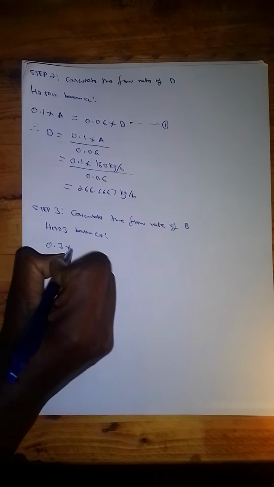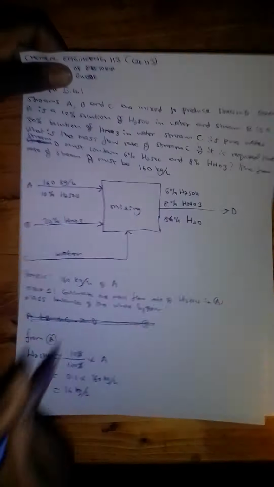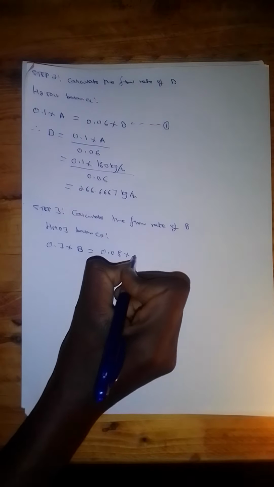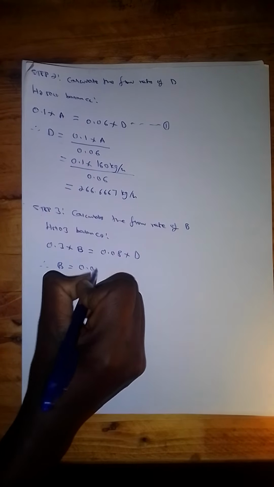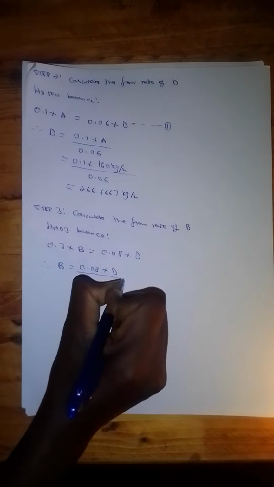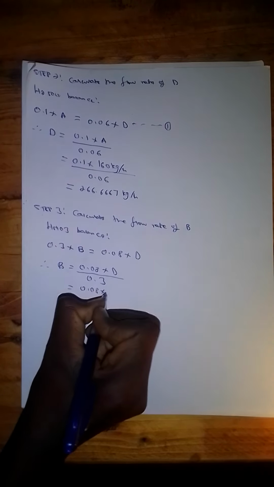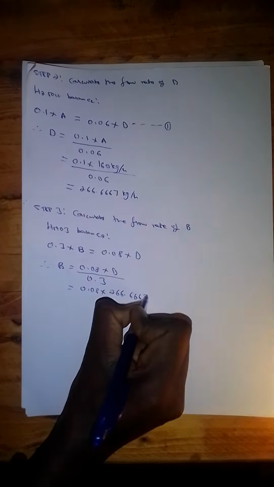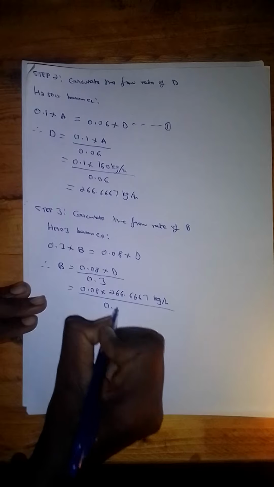We know for sure it's 30%, so 0.3 multiplied by B equals 0.08, which is 8%, multiplied by D. Therefore, B equals 0.08 multiplied by D all over 0.3, which is 0.08 multiplied by 266.6667 kilograms per hour all over 0.3.